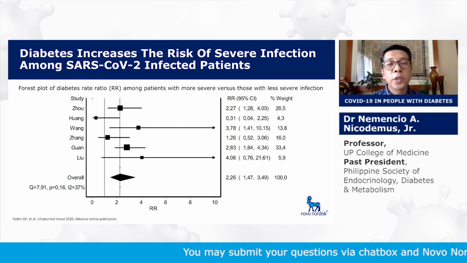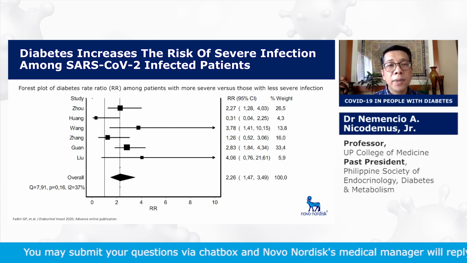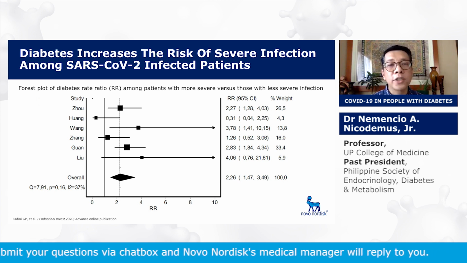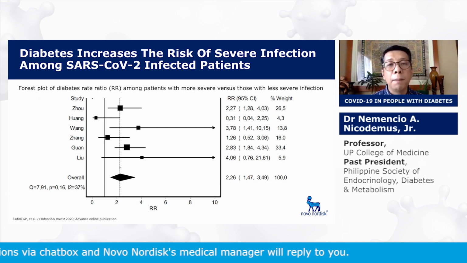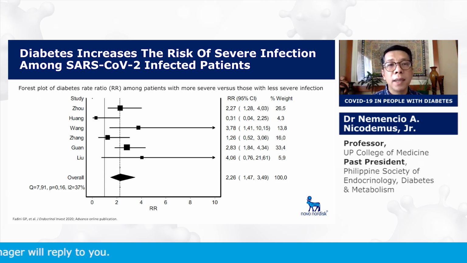Thus, the overexpression of ACE2 is something that is seen among patients with type 2 diabetes. But this has implication in COVID-19 among patients with diabetes because ACE2 serves as a receptor and you now have more SARS-CoV-2 viruses that can enter the human cells.